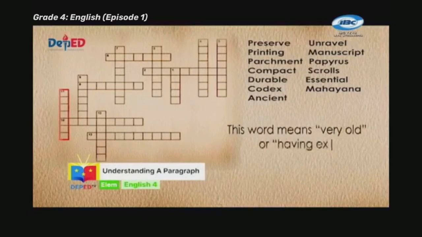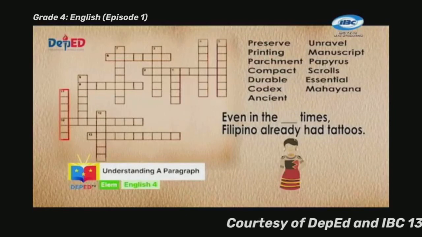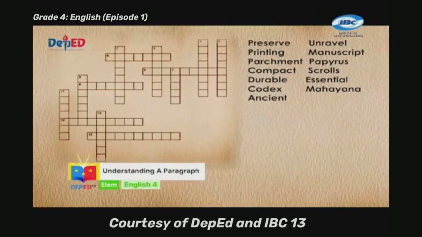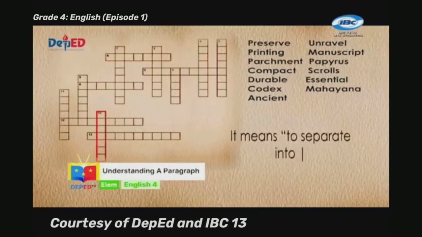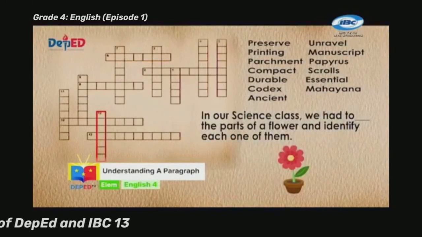This word means very old or having existed for a long time. even in the times Filipinos already had tattoos. And number 12. It means to separate into parts. In our science class, we had to the parts of a flower and identify each one of them.